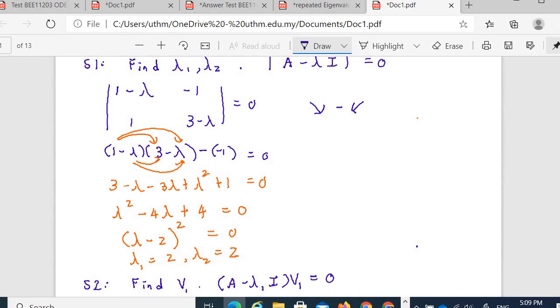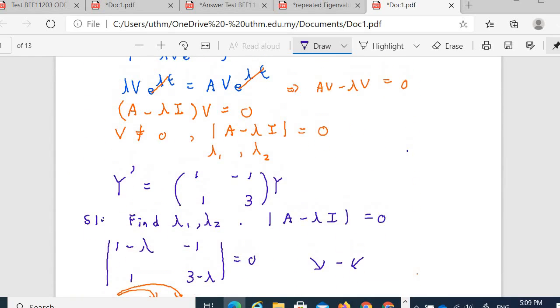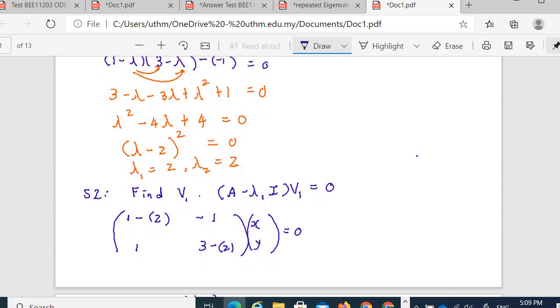Remember in second order homogeneous differential equation, when you have repeated m, for example m1 equal to m2 equal to 2, then your solution of y is a e^(2x) plus b e^(2x).